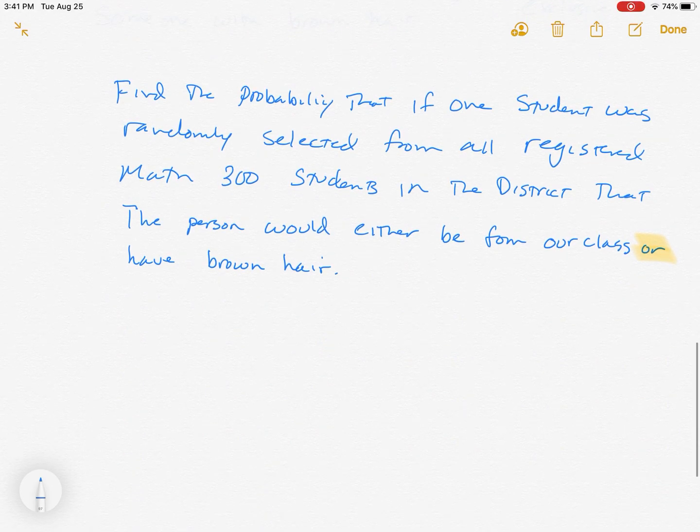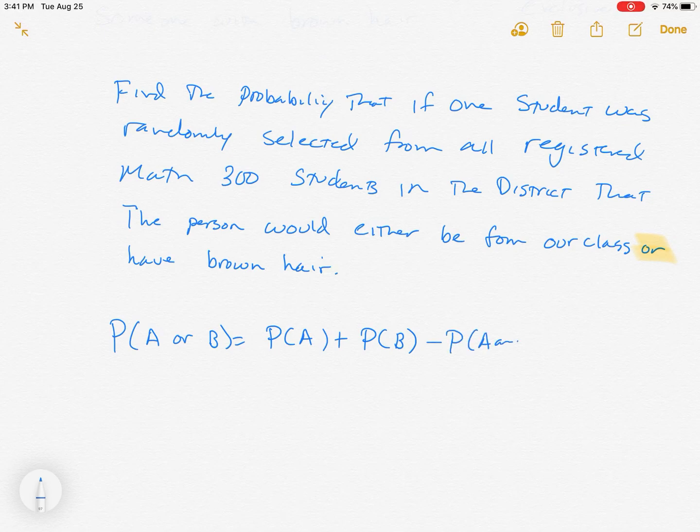The formula that they present in the book is this: the probability of A or B is equal to the probability of A plus the probability of B minus the probability of A and B. And let me tell you what this means.